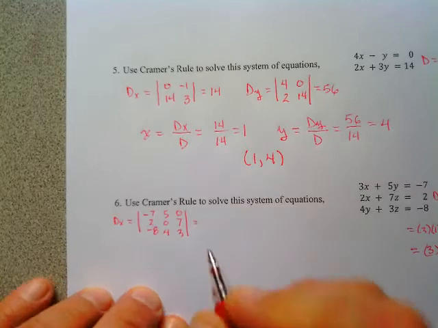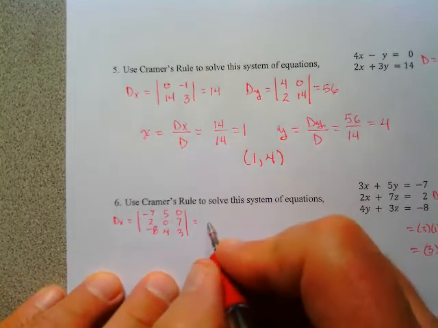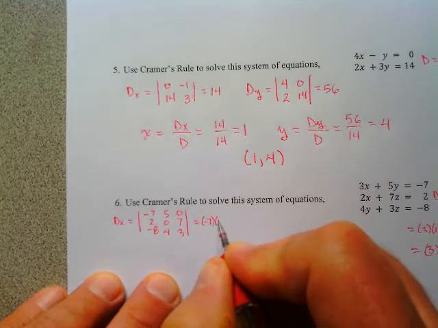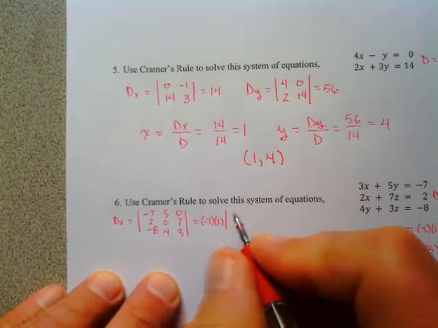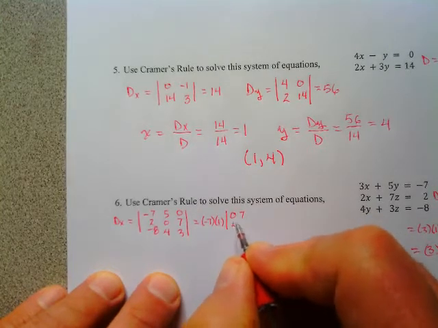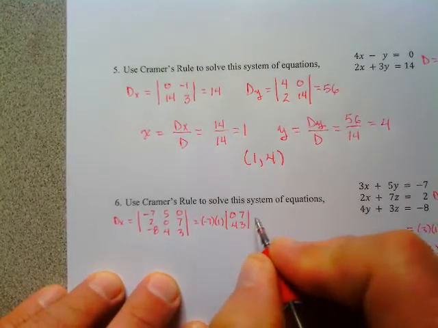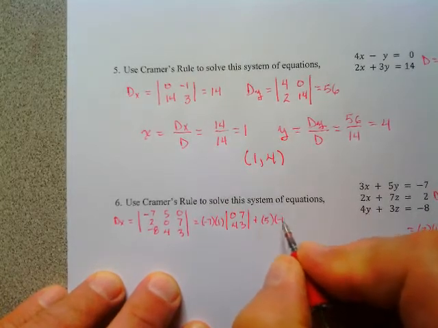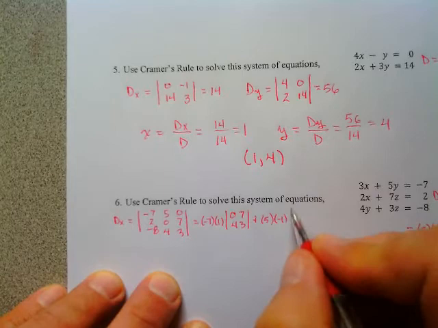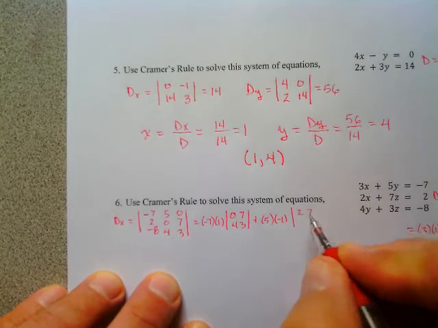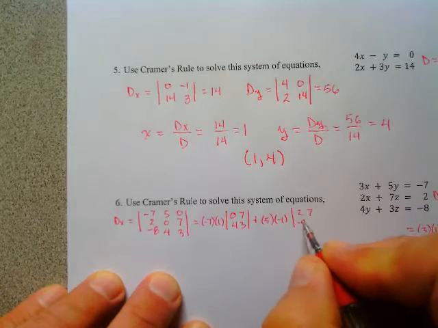Let's see, we can go across the top there, and we'll have negative 7 times 1, times 0, 7, 4, 3, and then plus a 5 times negative 1, and that's times a 2, 7, 2, 7, negative 8, 3.